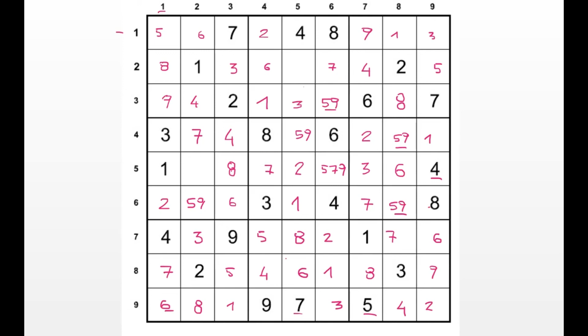And finally, number in this row number 2 will be number 9, and of course here will be number 5. 5 here cannot be, here has to be number 5 because of 9, and finally here will be number 9. Here is a 5, here will be 9, and here will be 5, and here will be 9. And finally the last number will be number 5.